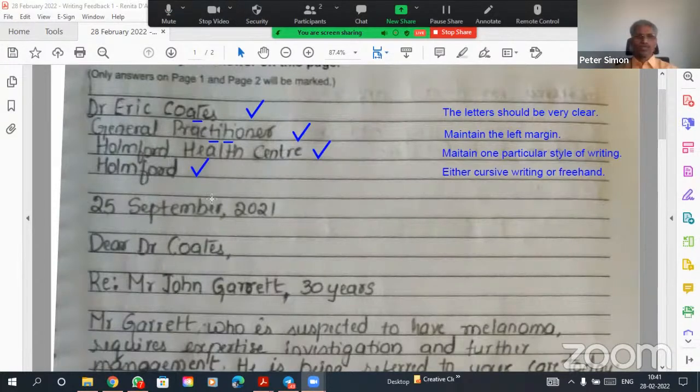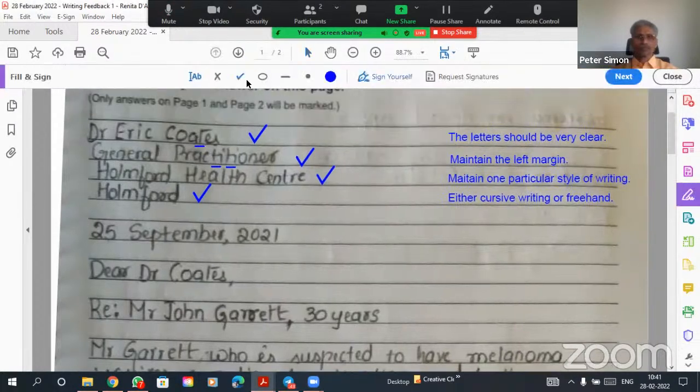So next one is 25 September 2021. So the date, 25 September 2021. If you don't write the comma, it's okay, no problem. Your R and E are not very clear. So please, whether you're a nurse or a doctor, whatever your profession, be very clear.